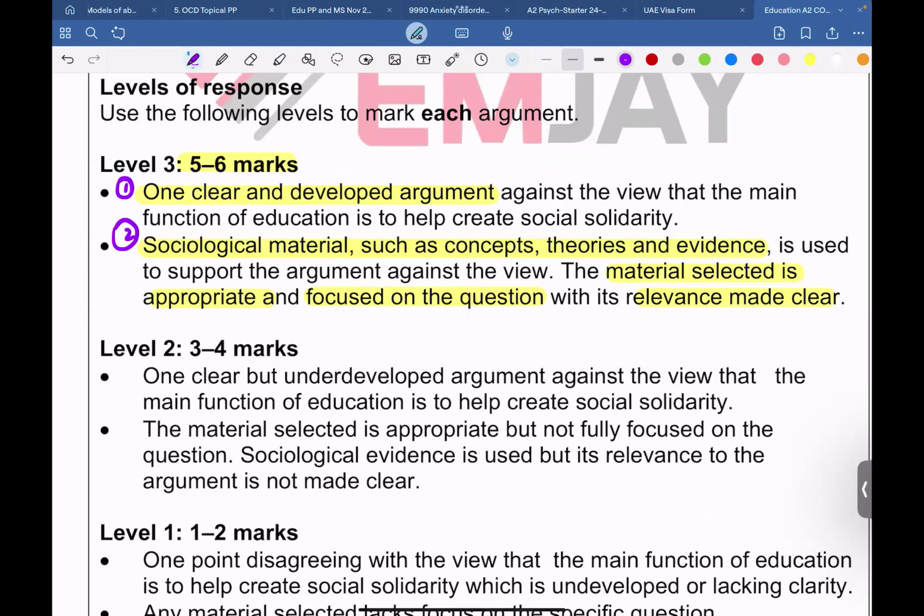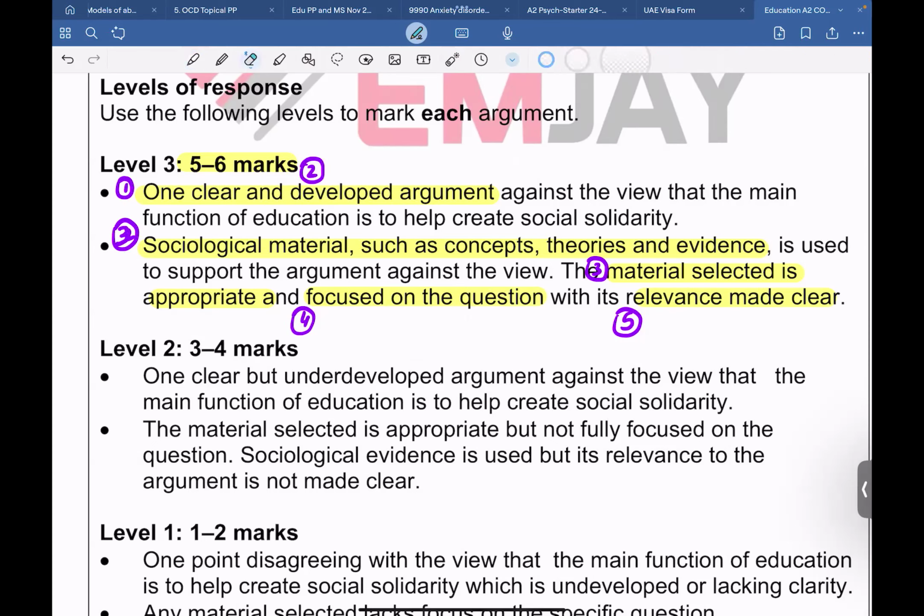You could put this into 6 checkpoints for yourself as well. The selection of material is important. The material you're selecting is appropriate. It should be focused on the question, and it is your responsibility to make the relevance clear. So clarity is 1 point. Development is another. Sociological material is the third.